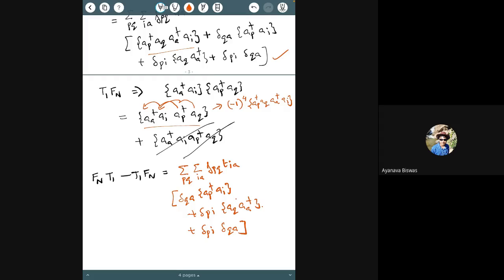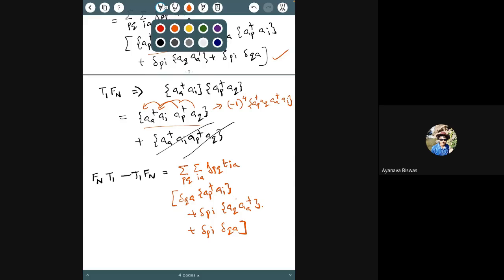Okay. Now there is lots to learn from this expression. Firstly, the uncontracted strings always get cancelled when you have a commutator, because if you have an AB string and you want to convert it to a BA string, and both A and B have an even number of operators, as in the case of H and T, then you will always need an even number of permutations to write one string in terms of the other.